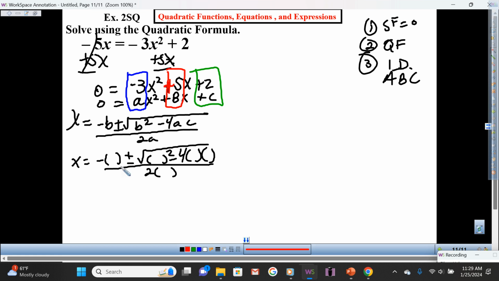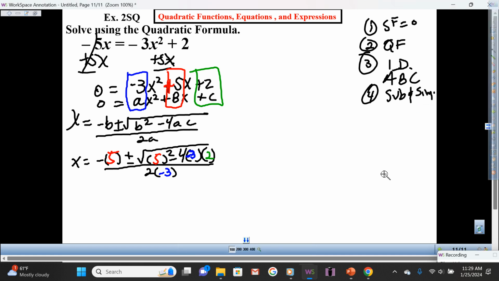I'm going to start with B. 5 here, 5 there. A, -3, -3. And C, 2. All right? And of course, last step, step 4, substitute and simplify.